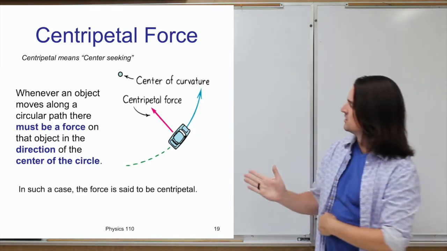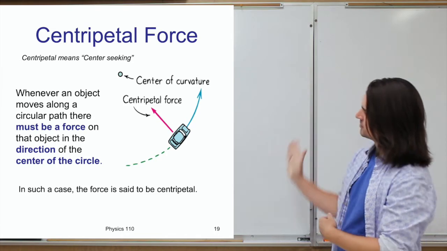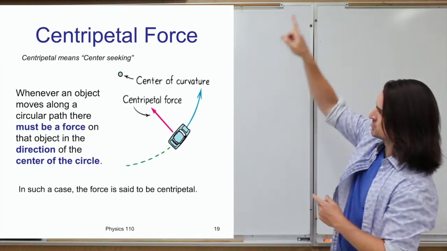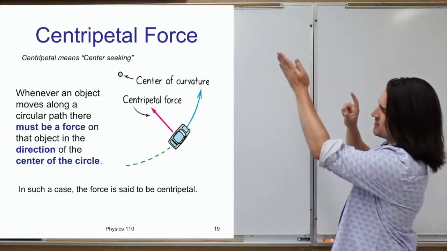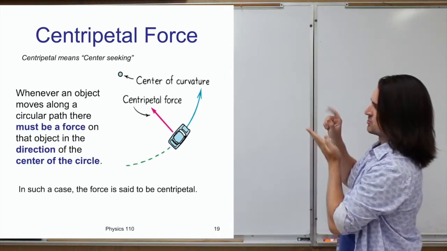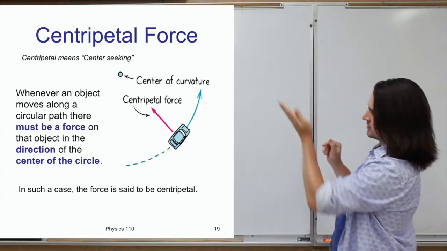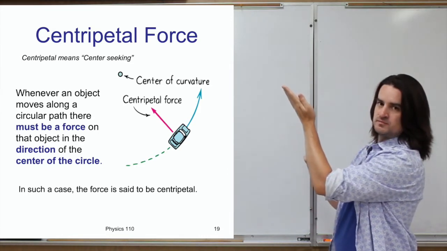So in this case, you have a car that's turning around a corner here. You could imagine that turn is part of a larger circle, and the center of that circle is off over here, so there's a force that is causing this car to turn, and it's pointed towards the center of that circle.